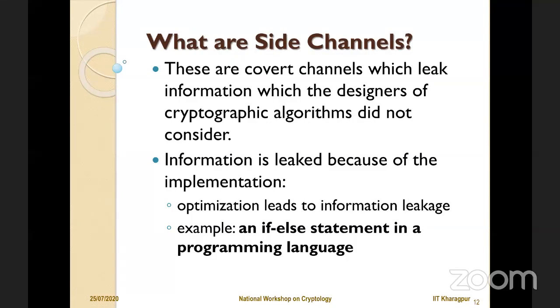So these are sources through which information is leaked because of the implementation. It could be because of an optimization in your crypto implementation. It could be a simple if-else statement in your programming language, and if that if-else statement depends upon a secret key or a variable derived from the secret key, then you can potentially open up Pandora's box for side channel adversaries.